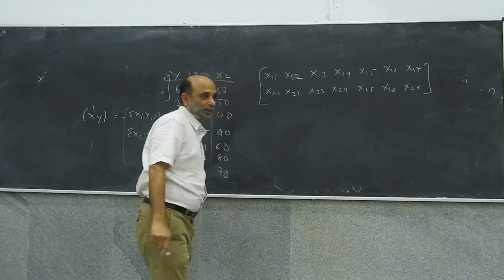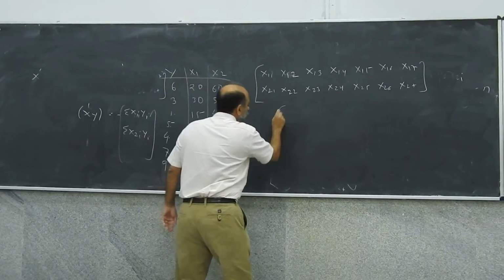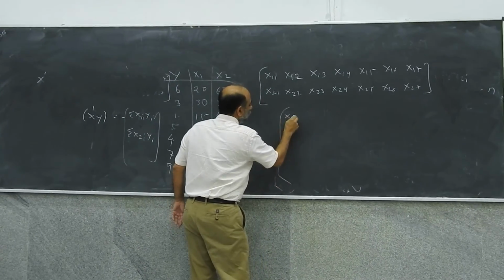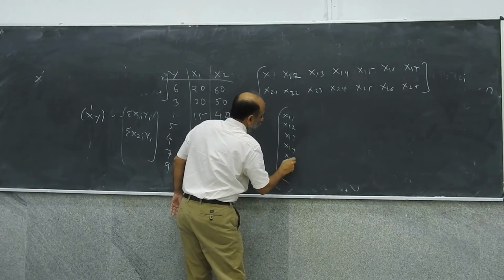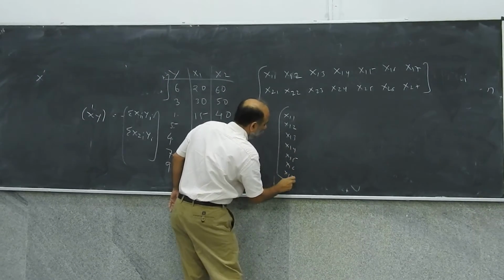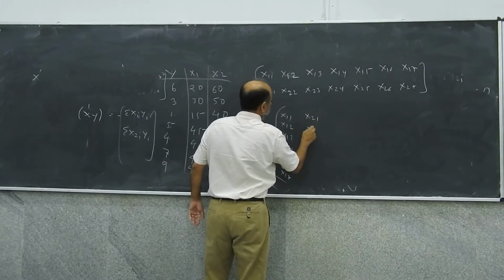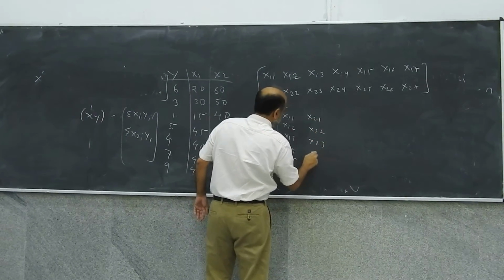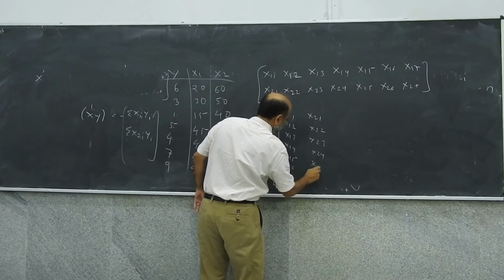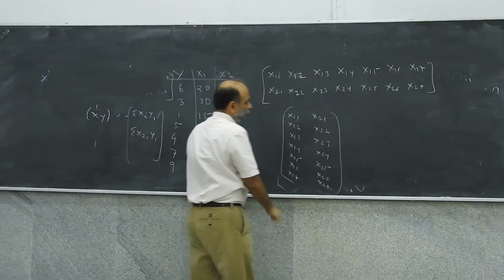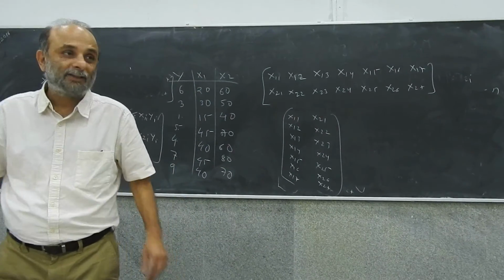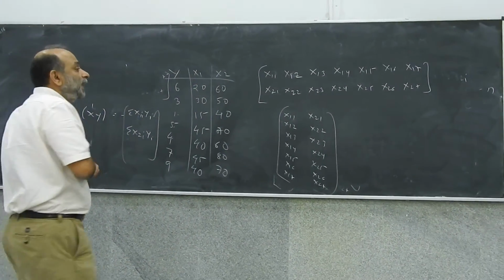This is x dash into x. What would x dash x now be?